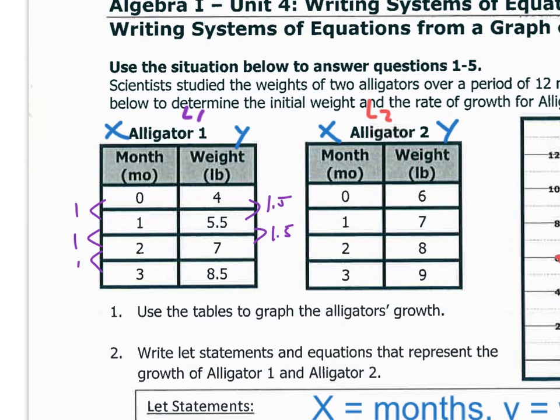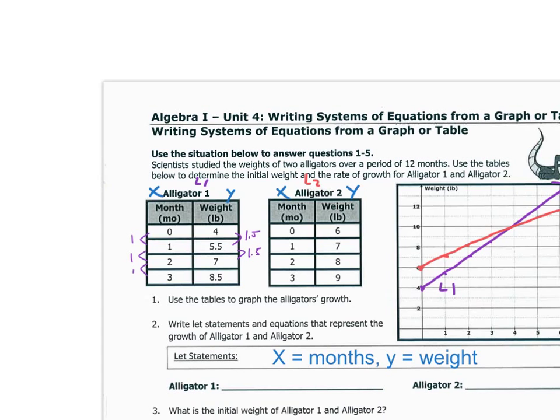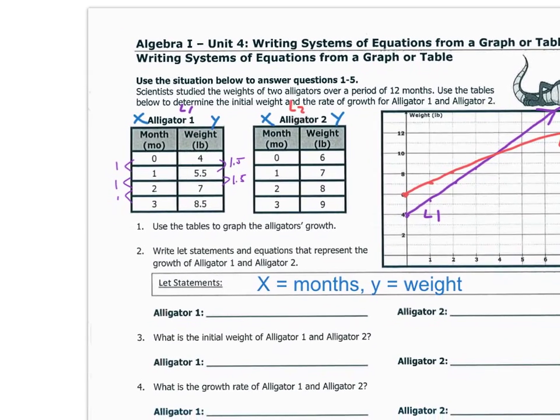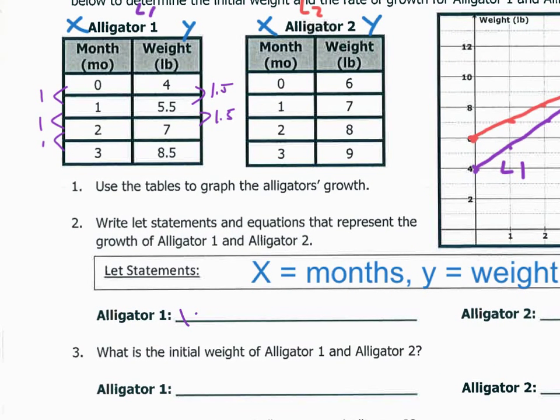So our slope is going to be 1.5 over 1 for that. So now if I go down and start my equation, we know that it's going to be y equals 1.5x, and looking at my y-intercept for alligator 1 starts it at 4, so it'll be 1.5x plus 4.